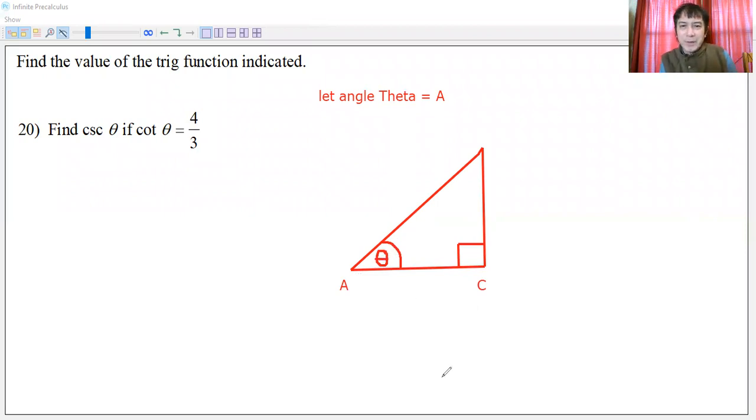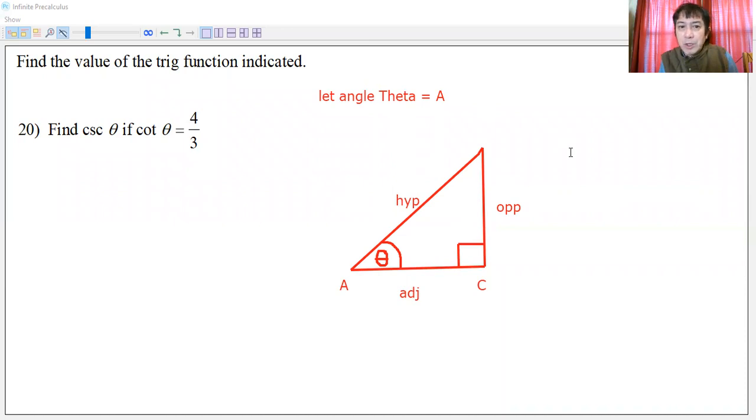Now our given is cotangent theta. Let us determine the labels for the sides. If our angle theta is the same as our angle A, then this is our opposite side, and this is our adjacent side down here. And then the longest side will be our hypotenuse. Now the numbers: the cotangent is 4/3.